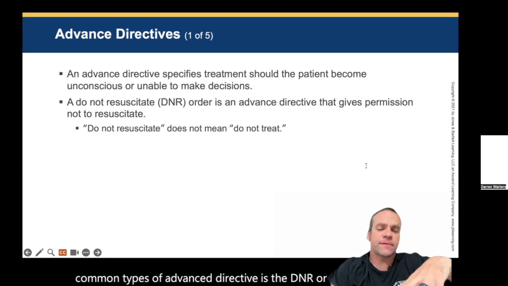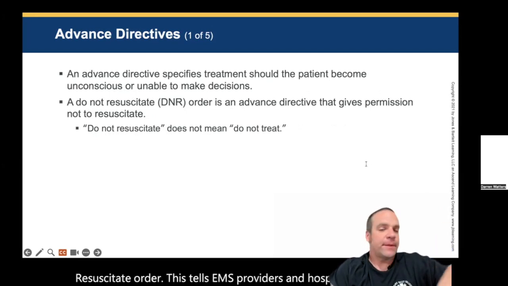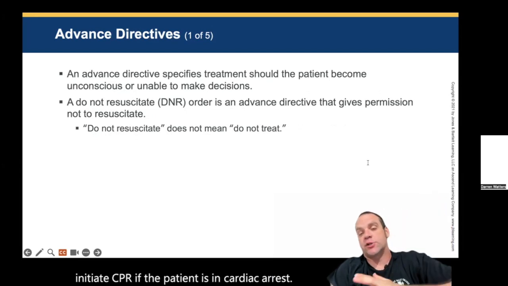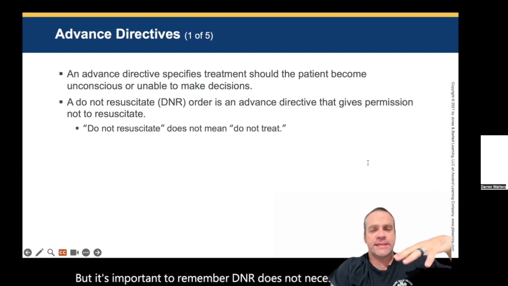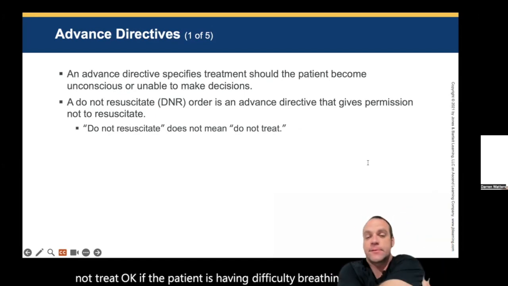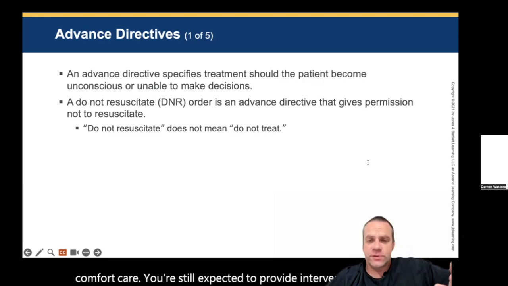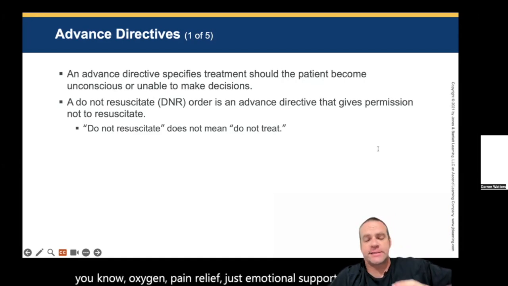This tells EMS providers and hospital staff not to initiate CPR if the patient is in cardiac arrest. But it's important to remember DNR does not necessarily mean do not treat. If the patient is having difficulty breathing or needs comfort care, you're still expected to provide interventions like oxygen, pain relief, and emotional support, as long as they are not considered resuscitative.